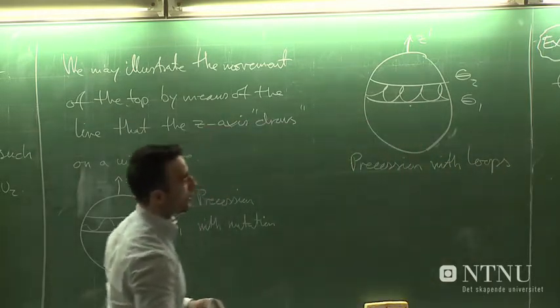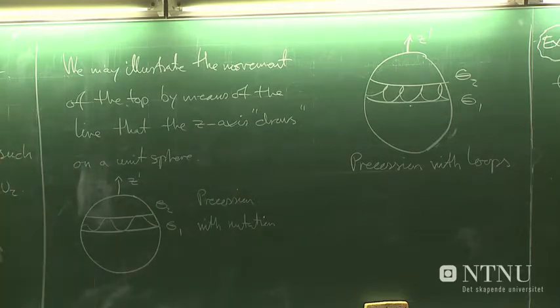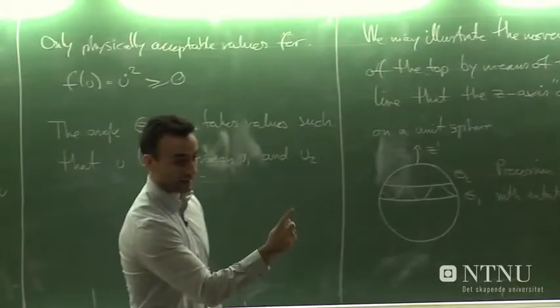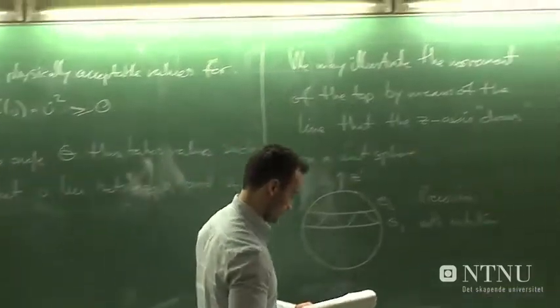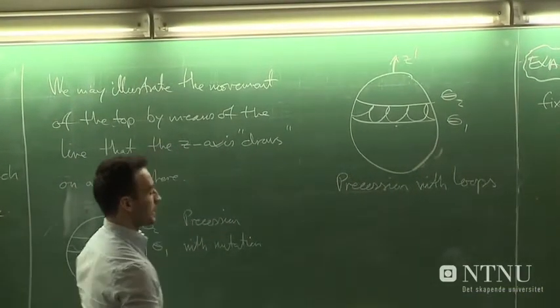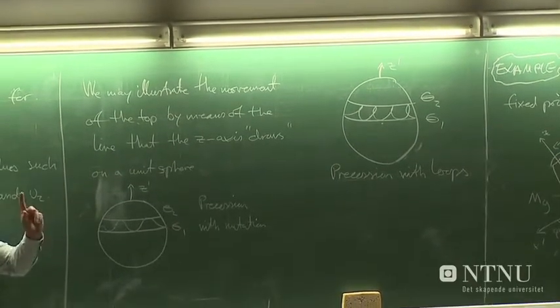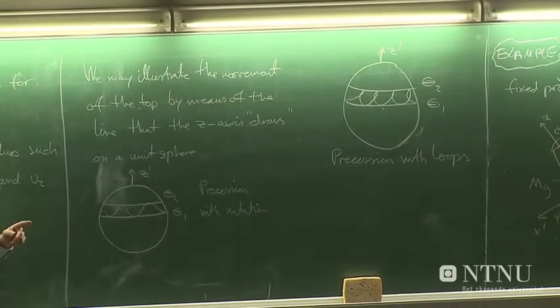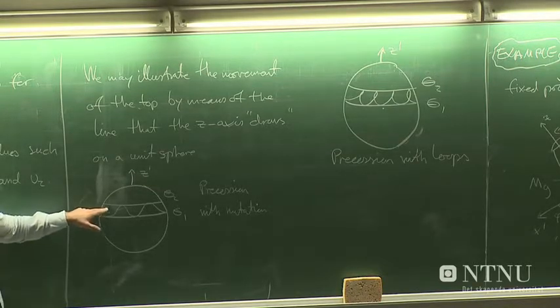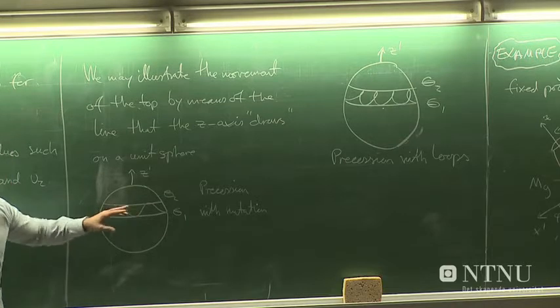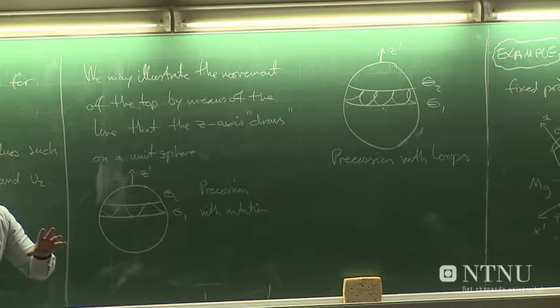You can have precession with loops. So the top is actually making loops as it's spinning. Yeah, I think we'll settle for those two. So the point is just that accompanied with the precession of the top as it's rotating around the z prime axis, you can also have an additional motion due to the way the top changes between these two extremal values.